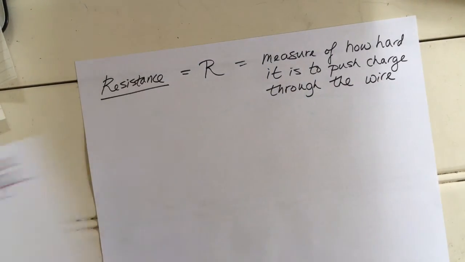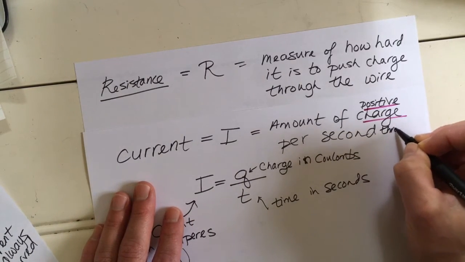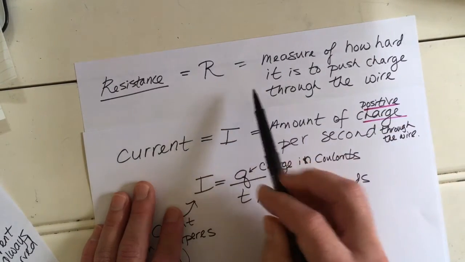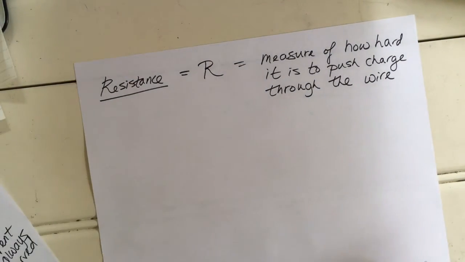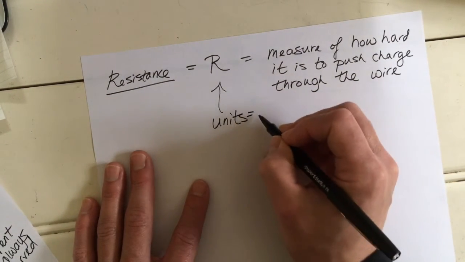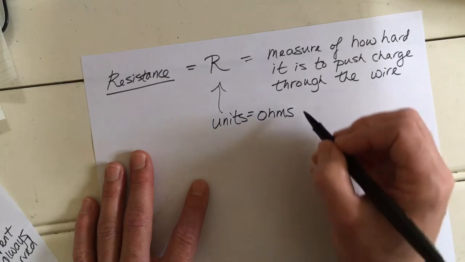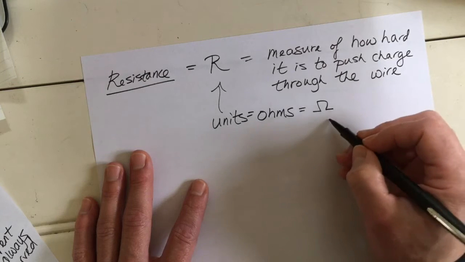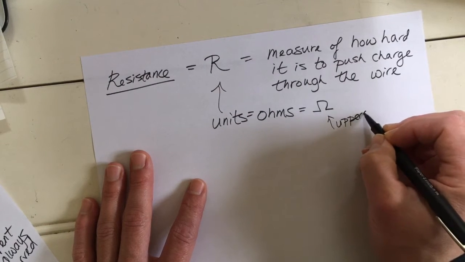So whereas current was the amount of positive charge per second through the wire, resistance is the measure of how hard it is to push charge through the wire. Units here are ohms. Ohms have a symbol that looks like an upside down horseshoe. This is the Greek letter uppercase omega.